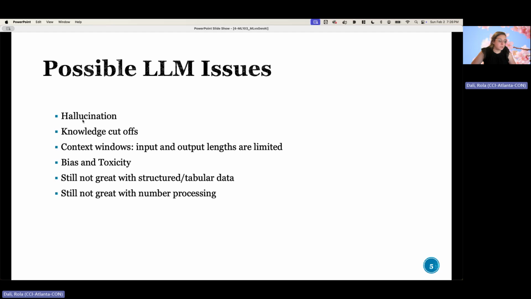Because the objective function of an LLM is to optimize for next sequence prediction based on probabilities, it's not optimizing for accuracy, right? It's optimizing for sentences that sound reasonable, not sentences that are necessarily accurate. That's a very important thing to know. And so it sounds like human sentences.